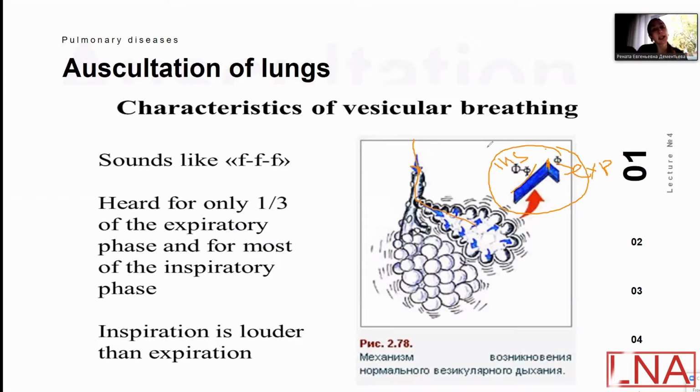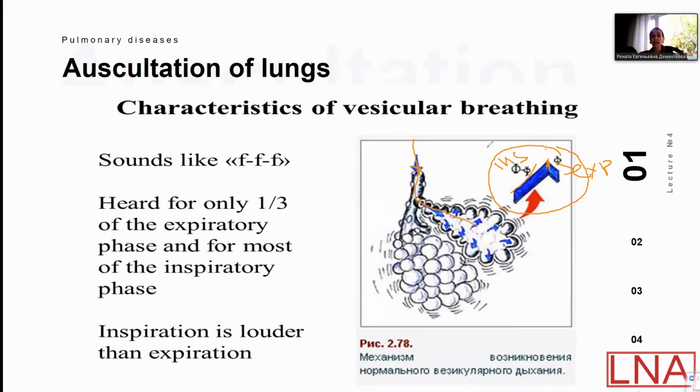So that's why we will determine vesicular breathing on the phase of inspiration and some short part on the phase of expiration. So, the longer the phase of inspiration, the higher the vesicular breathing, and then only a short time of the phase of expiration.